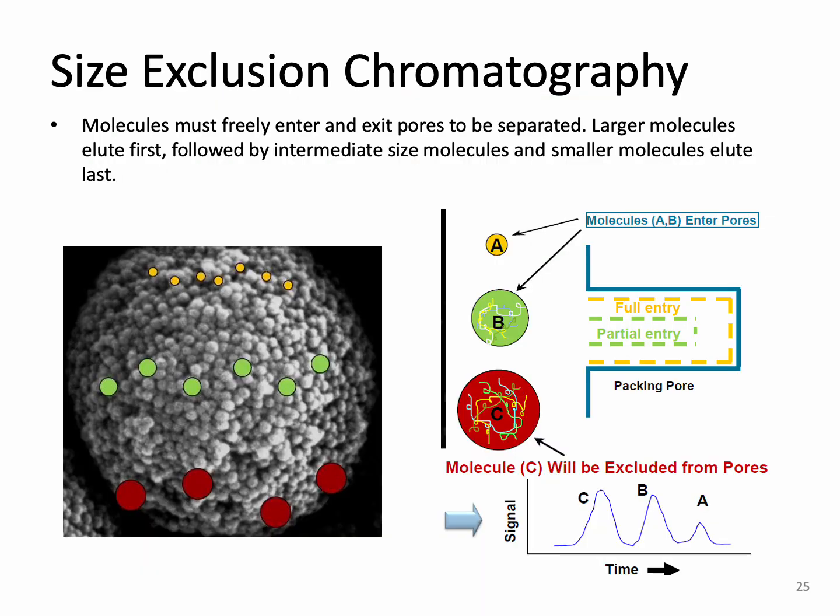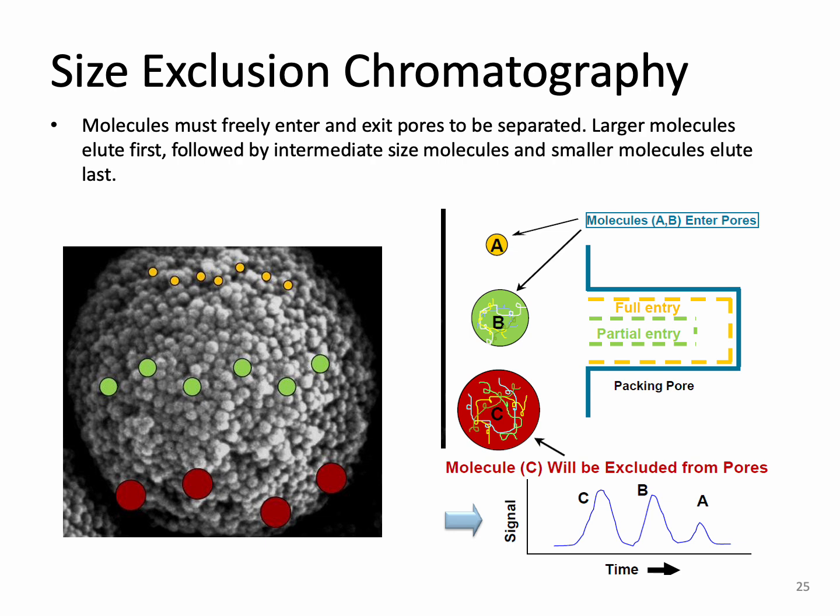Now here I talk about size exclusion chromatography. Molecules must freely enter and exit the pores of the solid phase to be separated. So larger molecules elute first, followed by intermediate size molecules, and smaller molecules elute last.